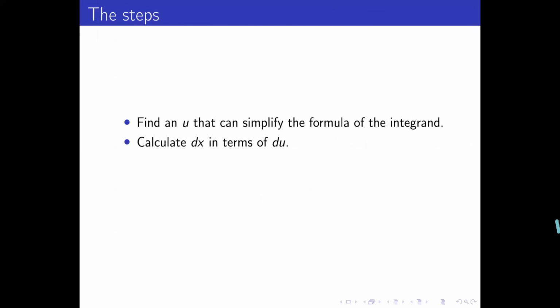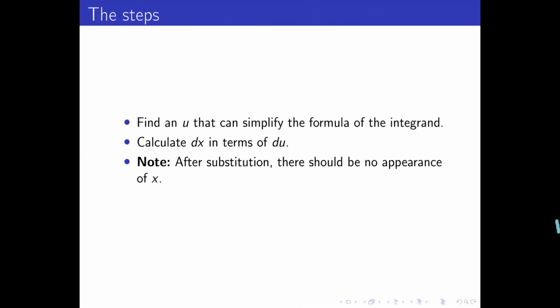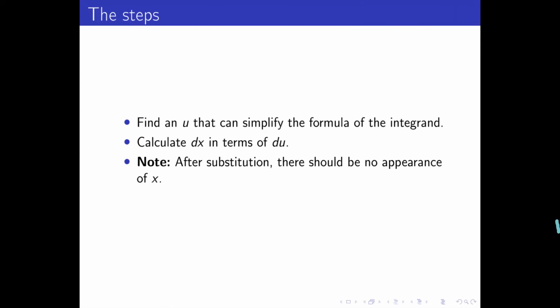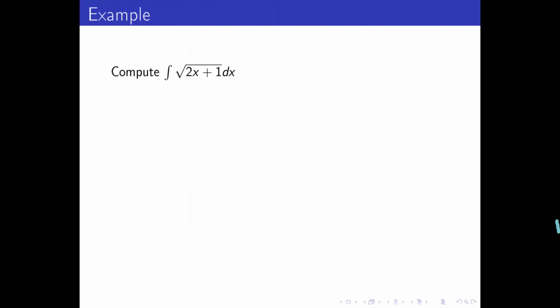So the next thing, as I said earlier, you have to calculate dx in terms of du, and that still may involve x. But then after some manipulation, you have to get rid of x. So I guess this one is an easy one.